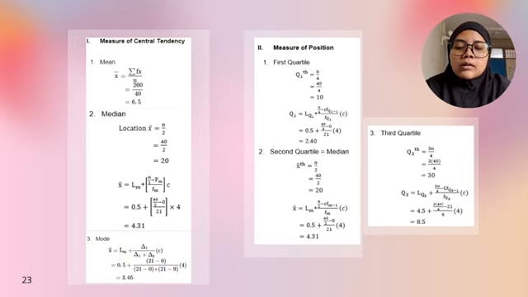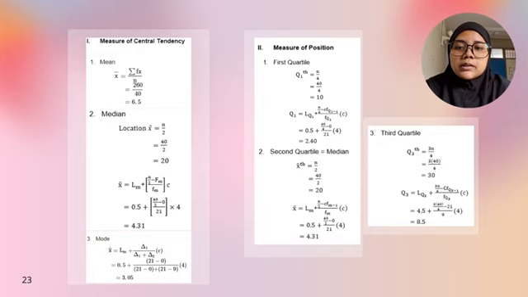This shows that half of the data values are below 4.31 and half are above 4.31. Next is the mode. Using the mode formula, the calculated mode value is 3.05. This indicates that the most frequent value in the data set is around 3.05.